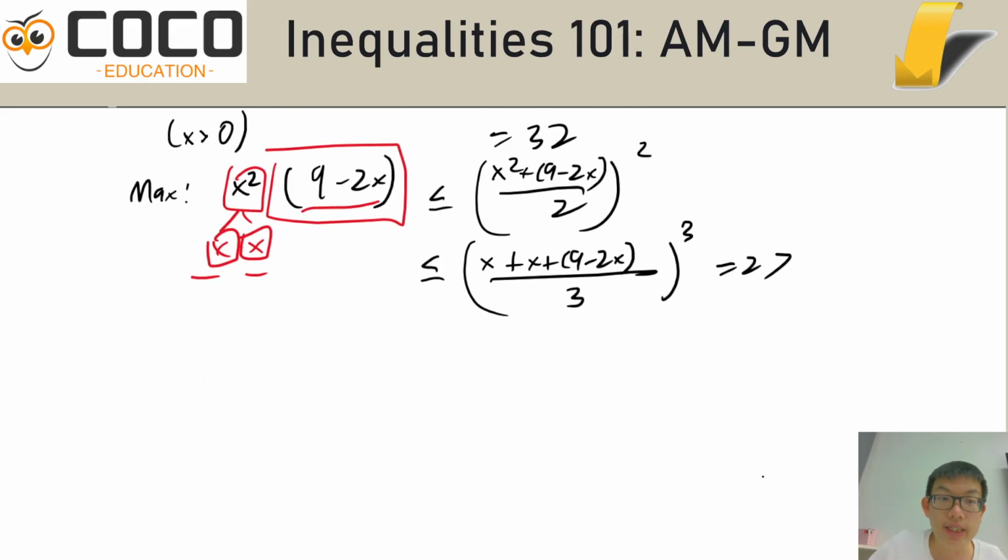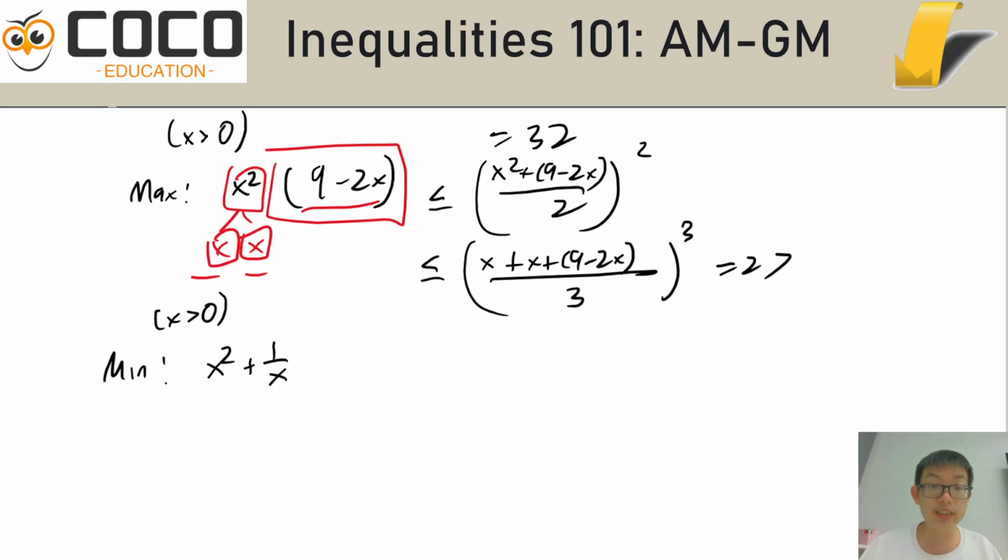Now, the same thing applies if I want the minimum of x squared plus 1 over x. Again, with positive x. If I want the minimum possible value of x squared plus 1 over x, and you tried to use AM-GM, this is a sum, you will get the latest iteration of true but useless, because it is greater than or equal to 2 square root x, but 2 square root x can move around, so how do I know what the minimum value actually is?